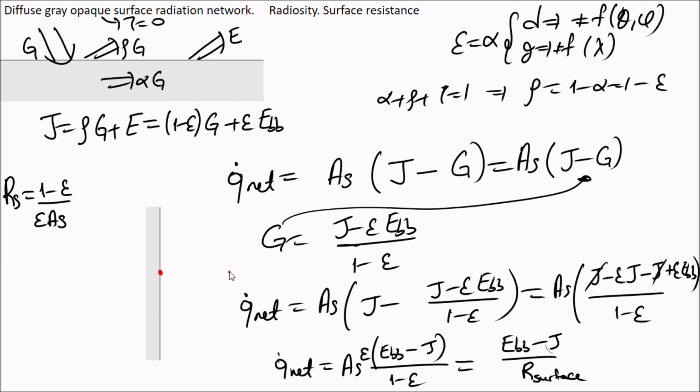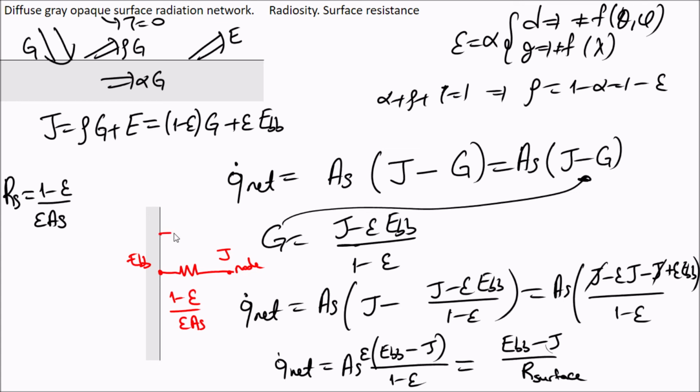Some node here, another node here, and then in between I will have the resistance, and the resistance is 1 minus epsilon over epsilon A_S. Okay, this is always positive. You can see epsilon is maximum 1 here, and then if you write it, you will have the E black body here and the J here. The reason is that we have subtracted the second from the first, but written it opposite here, because the heat transfer from the body is taken as positive.